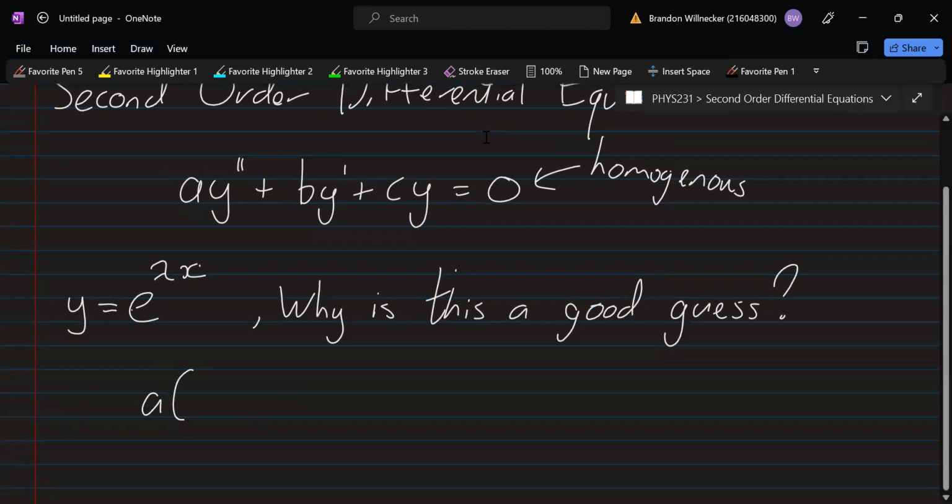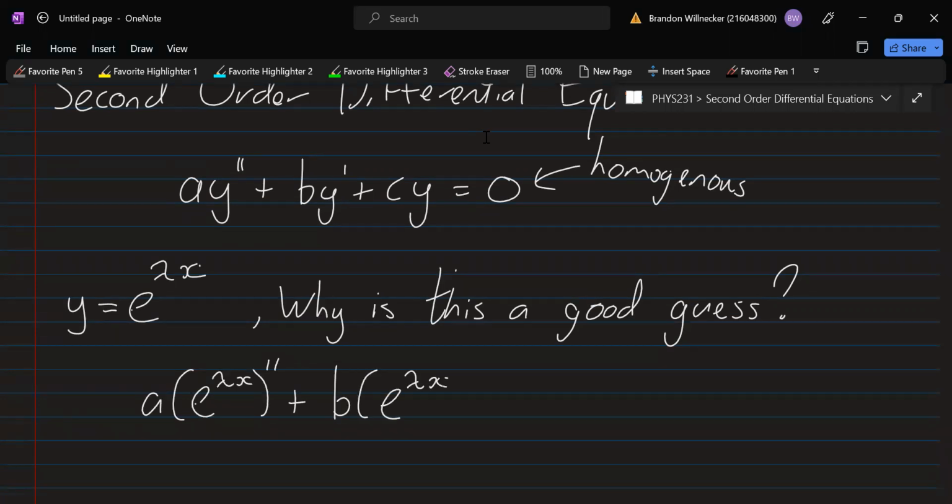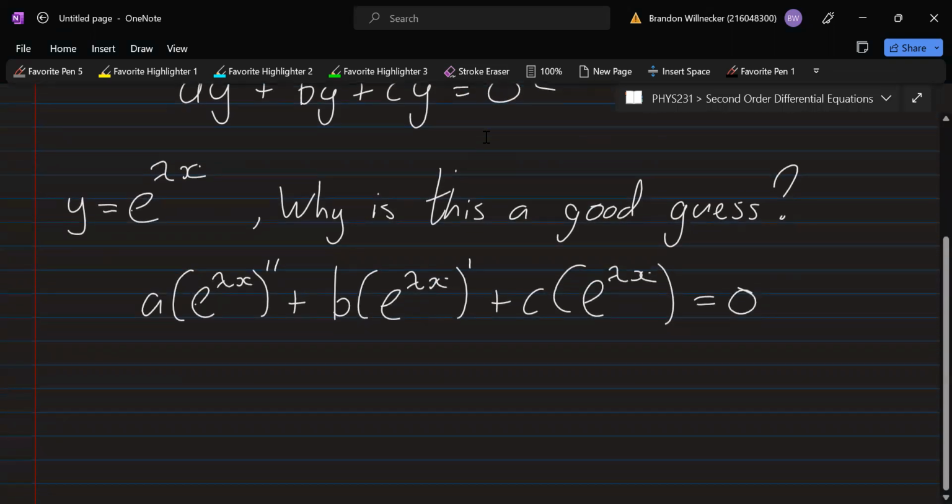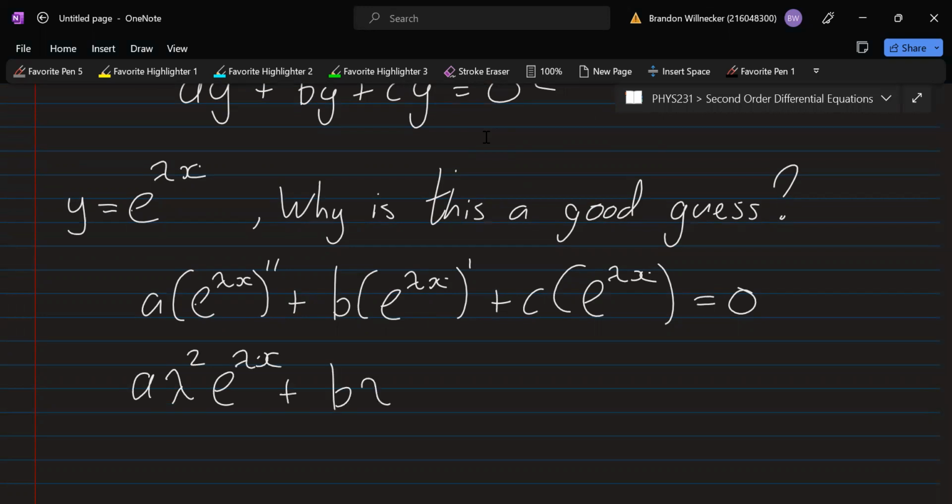So we're going to get a, e to the lambda x double prime, plus b, e to the lambda x prime, plus c, e to the lambda x, and this is equal to 0. Now, taking the second derivative means we take down lambda twice. So it's going to be a lambda squared e to the lambda x, plus b lambda e to the lambda x, plus c e to the lambda x is equal to 0.